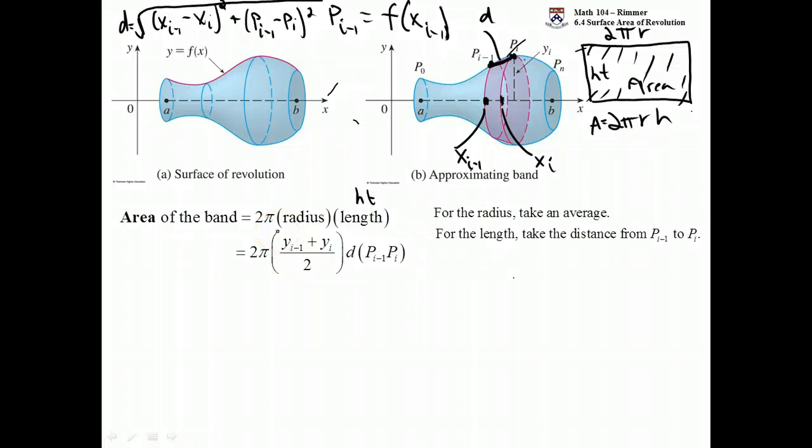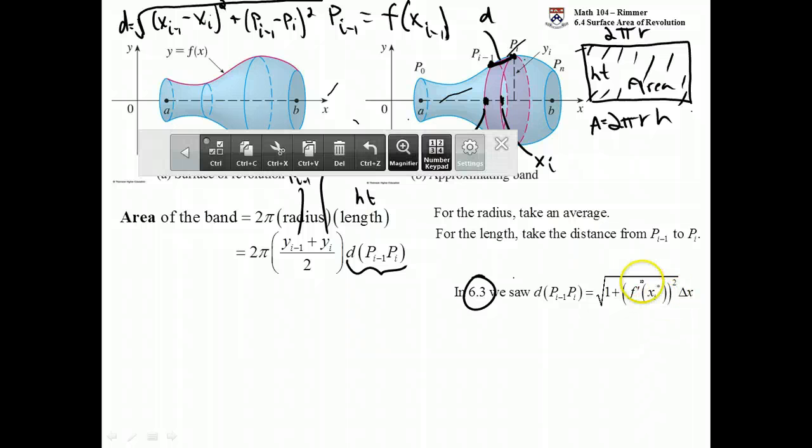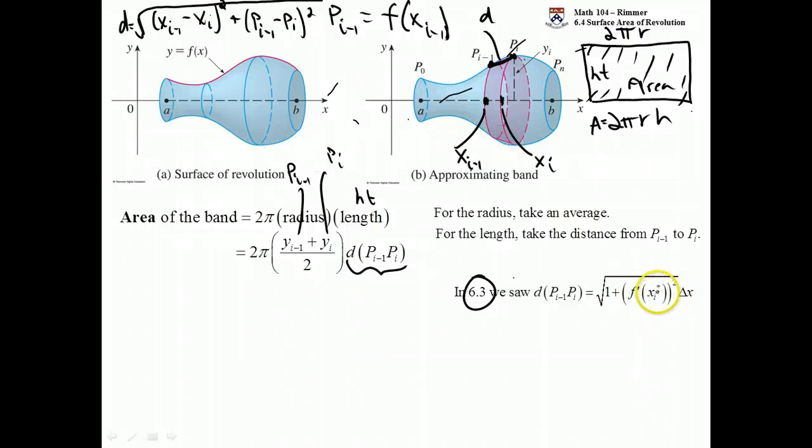So the radius then will be the average height. This could be written as P sub i minus 1 and P sub i, but we call it y here. And this symbol here represents this distance, but we can use what we did from the arc length section and recognize this, using the mean value theorem again, as being able to represent the distance as the square root of 1 plus the derivative squared at some xi star in the interval here, times delta x.